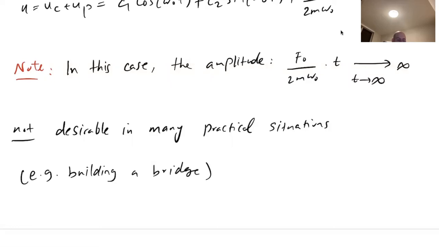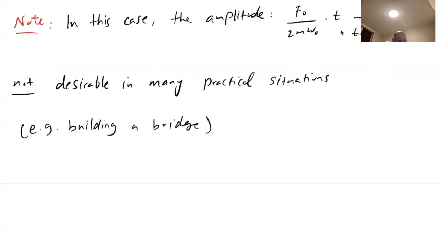In practice, we normally try to avoid this situation, which is called resonance, where omega is equal to omega naught.